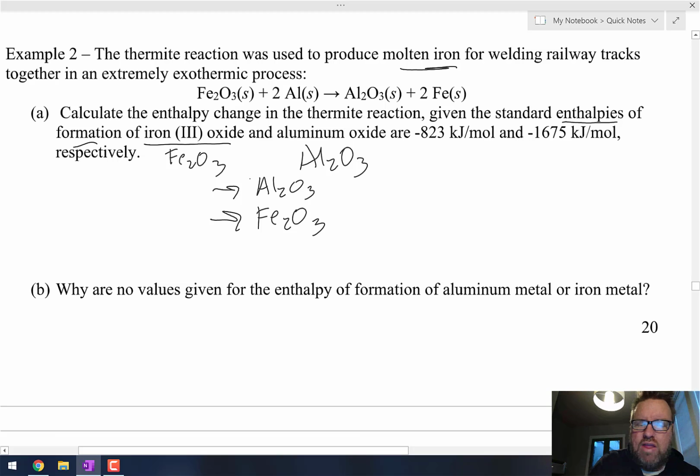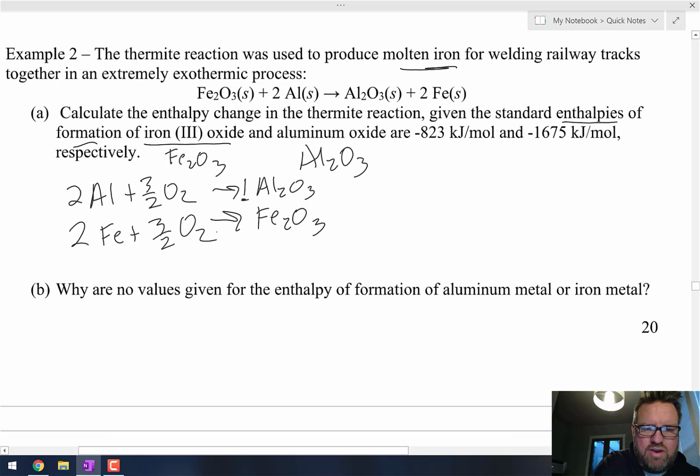So how do you form Al2O3 from its elements? Well, we've got 2 aluminums plus, and again, we just want 1 Al2O3. And so we're going to have 3 halves of an O2. And then for Fe2O3, it's going to look really similar. We're going to have 2 Fe's plus, again, 3 halves of an O2.